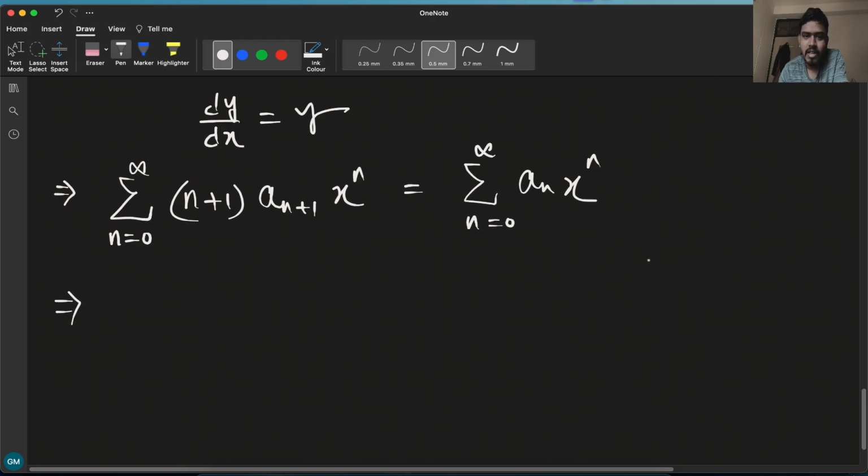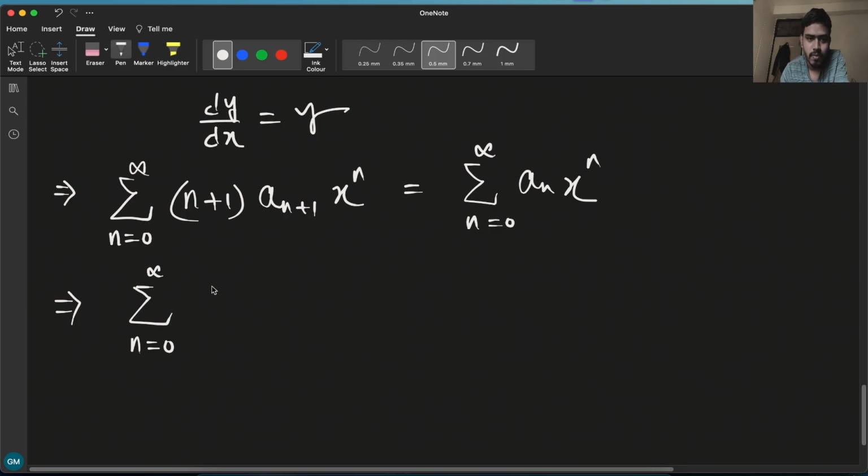I can compare the nth power from the right hand and left hand side. Also I can do something else: I can take this term to the left hand side. From this step also I can compare the coefficients.